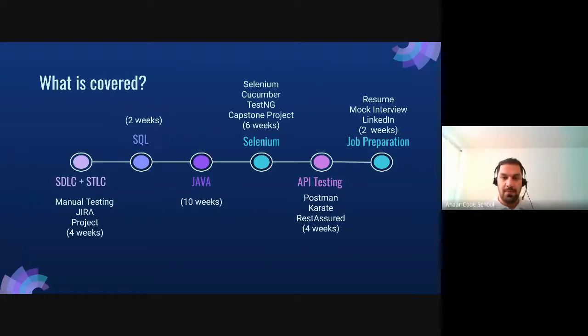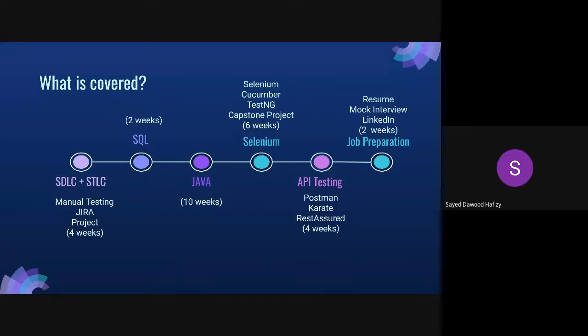This one? Yeah. Okay. So let's talk about what is covered in this program, or what I call a roadmap to SDET and getting a job in automation as an automation test engineer. First things first, we will start with manual testing. We will cover the techniques that are necessary for writing test cases.